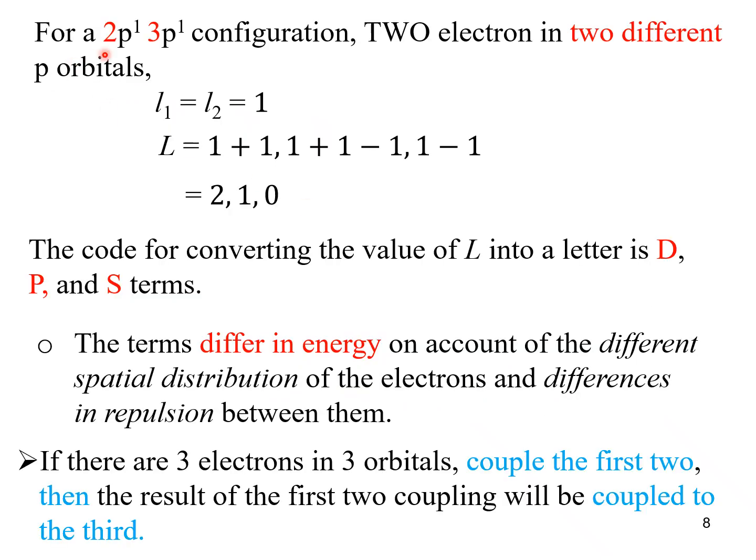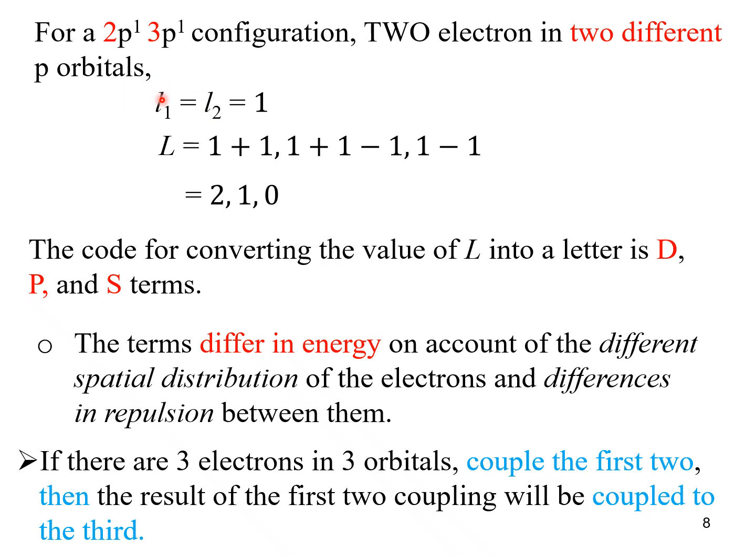For example, for a system with 1 electron in the 2p orbital and 1 electron in the 3p orbital, these 2 electrons occupy 2 different p orbitals. The orbital angular momentum quantum number for electron 1 is l1 equals 1, and similarly electron 2 also occupies a p orbital, so l2 is also equal to 1.